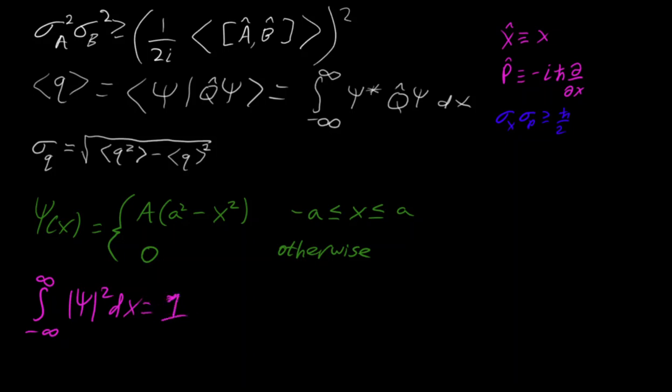First, I may have mentioned this in our video on improper integrals: if I graph this function, it looks like a quadratic that hits at a and negative a, and is 0 everywhere else.